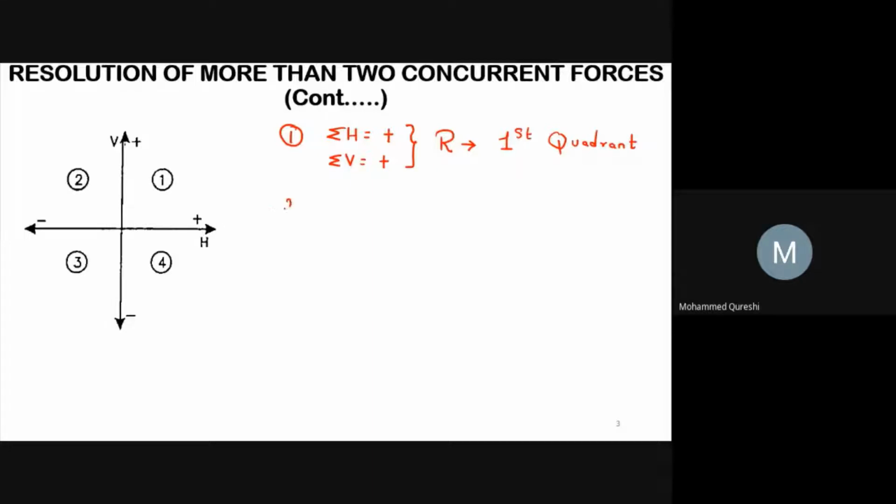Now we will consider the second case. If sigma H is negative and sigma V is positive, then your resultant will be in the second quadrant.